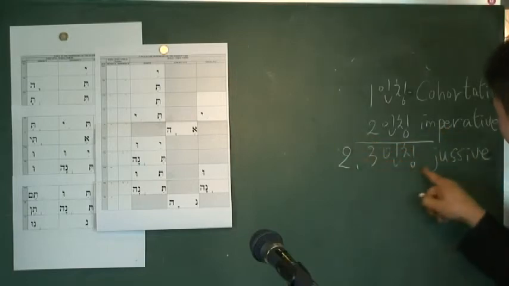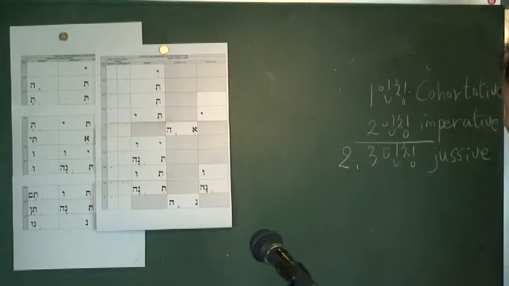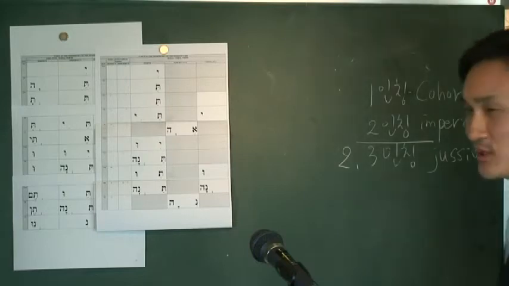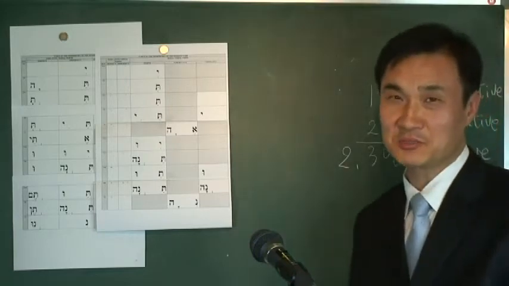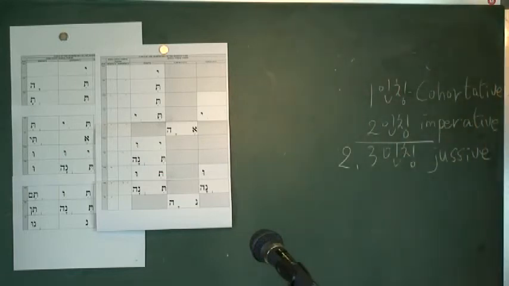In the same way, the second person is an imperative, which is a strong command such as do this or don't do this, and the jussive indicates an obligation or an encouragement that is gentle in context.